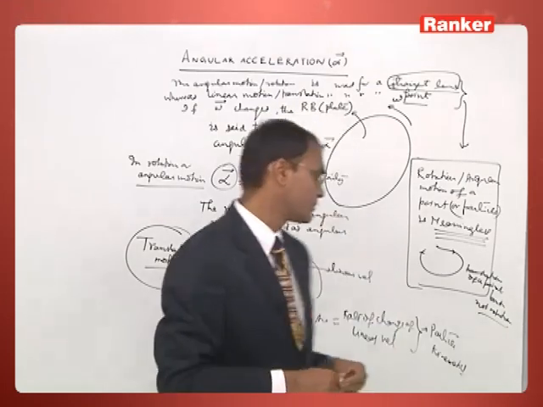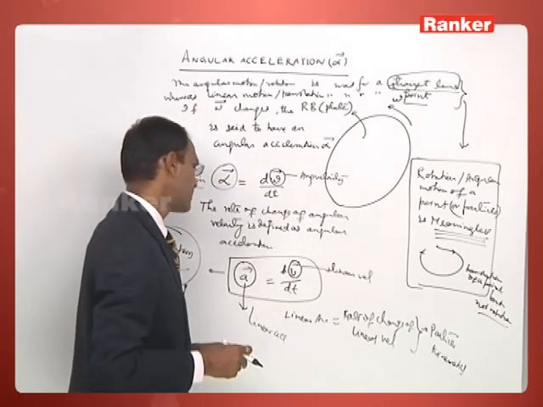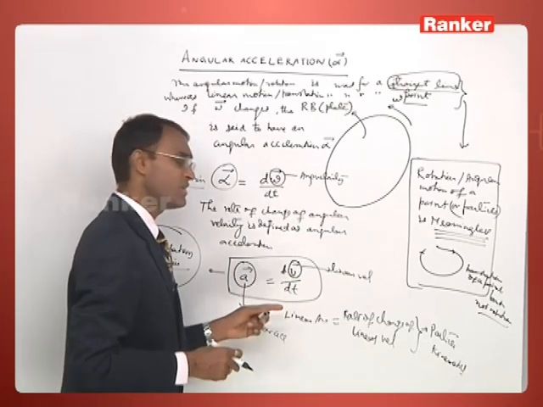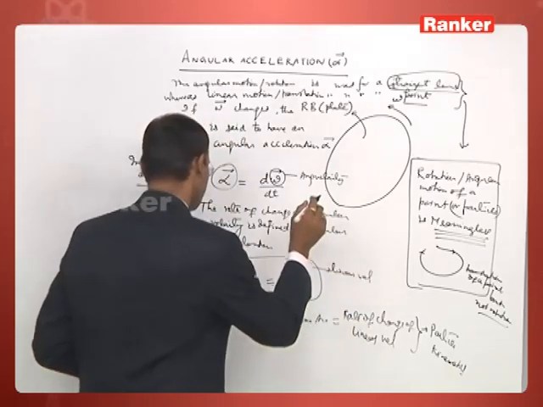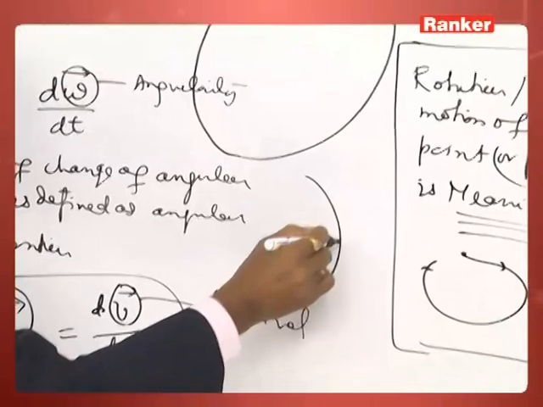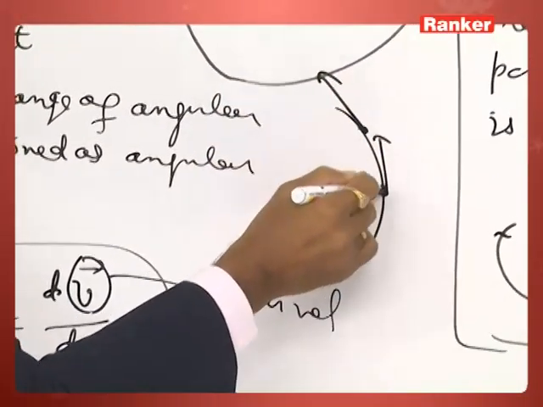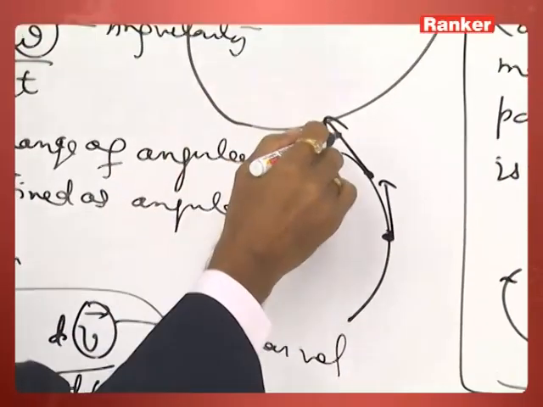Magnitude is not changing. When the magnitude of the linear velocity does not change, you cannot say that v is constant; v is not constant. In circular path, the velocity changes from time to time, by magnitude or in direction.